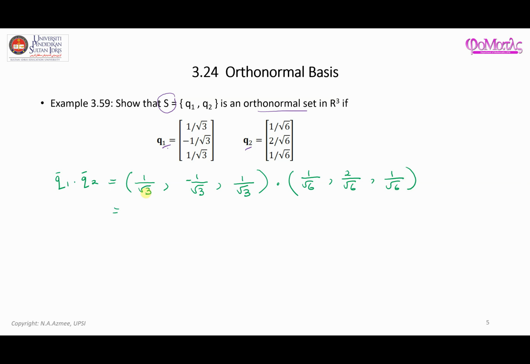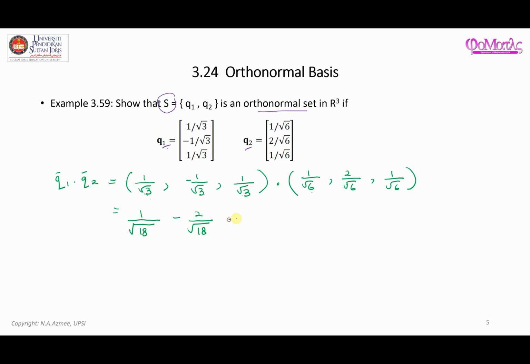Well, if you multiply the first component with the first component, you will get 1 over, this is a square root and this is a square root, so you can combine the numbers together. Under the one square root, here is 1 over square root 18. For this one and this one, when you multiply them, you will get negative 2 over square root 18.